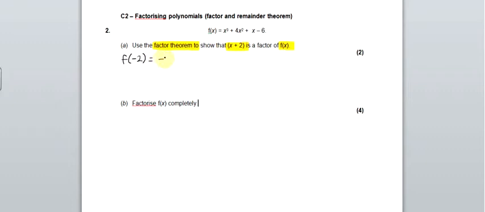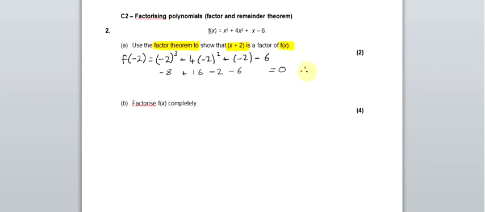So we've got minus 2 cubed plus 4 times minus 2 squared plus minus 2 minus 6, which gives us minus 8 there, and that works out to be plus 16, and then minus 2 and minus 6, and that works out to be 0.